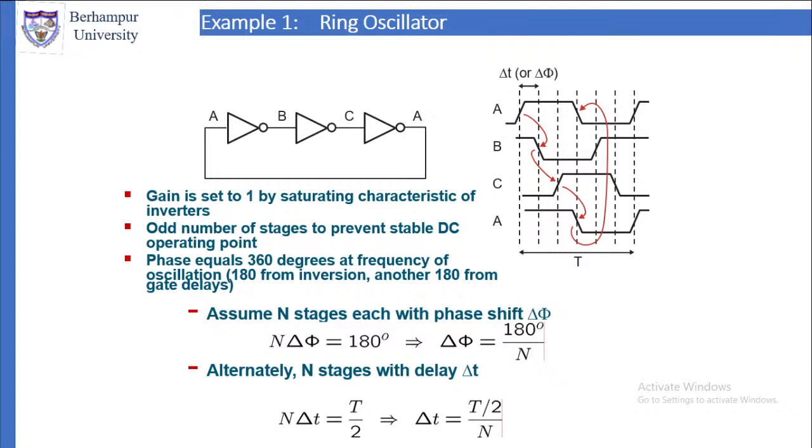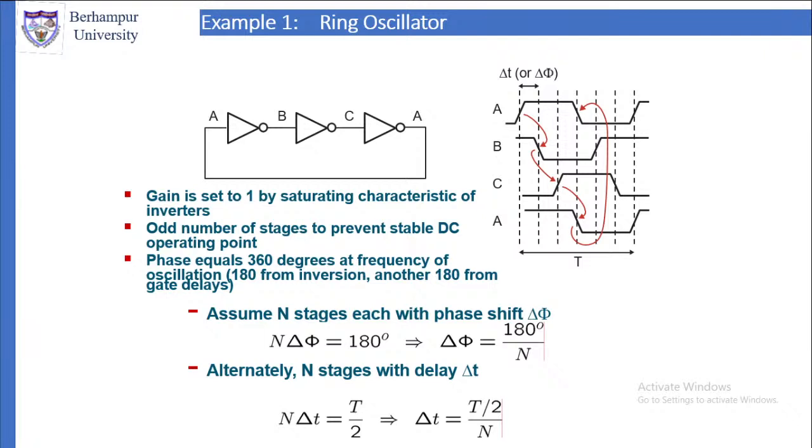So n into delta t will be the equivalent of 180 degree in terms of time. If the total time period is capital T, it corresponds to 360 degree. So 180 degree corresponds to T by 2. So n into delta t is equal to capital T by 2, or delta t is equal to capital T by 2 divided by n.